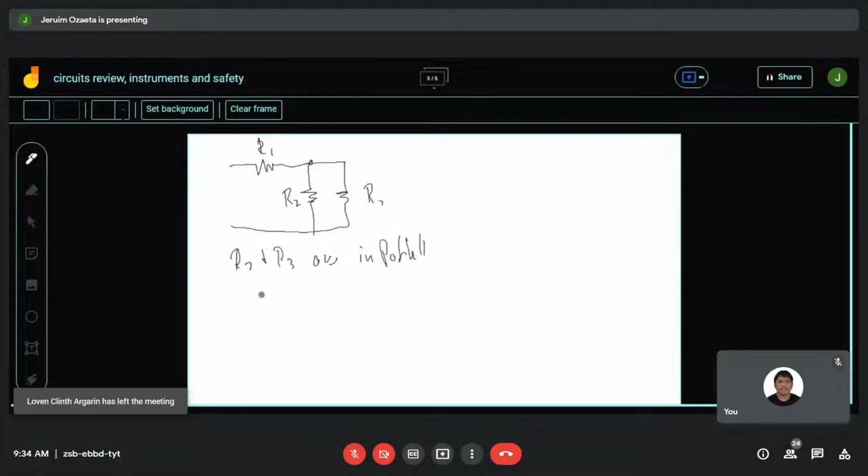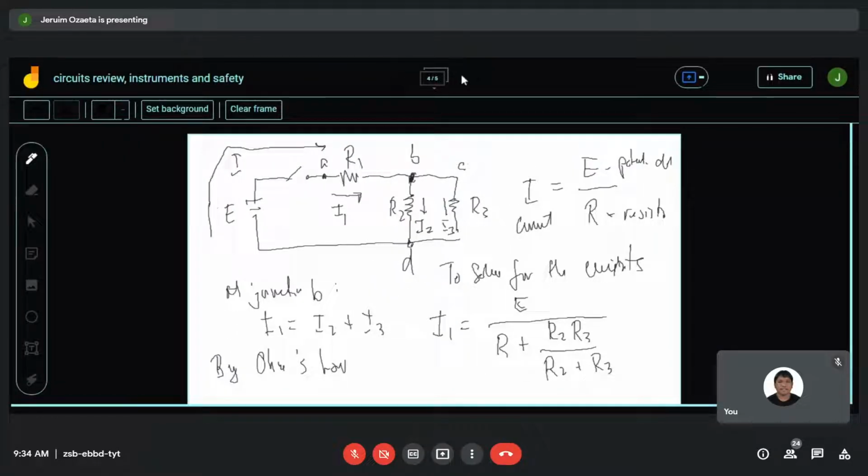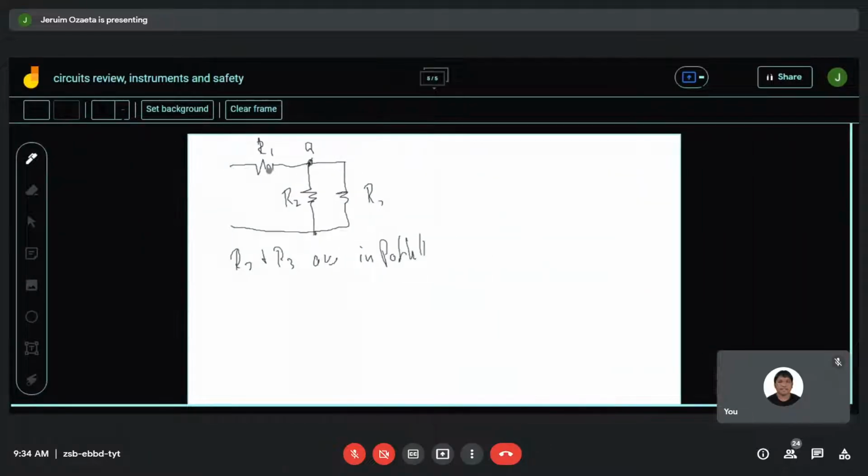Okay, parallel. Pag sinabi natin na parallel, the voltage at... anong BCD. Okay. We name this BCD. Note that the voltage drop at BD equals the voltage drop at BCD.